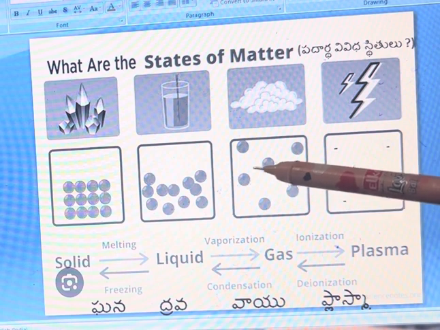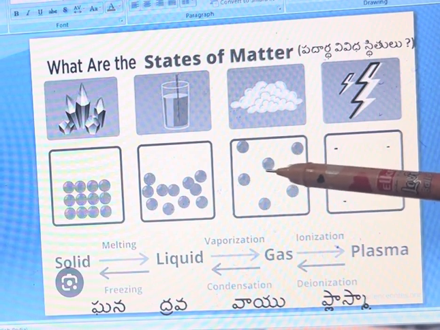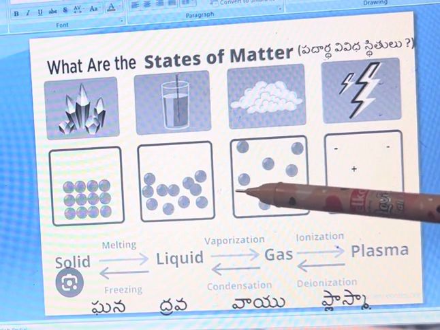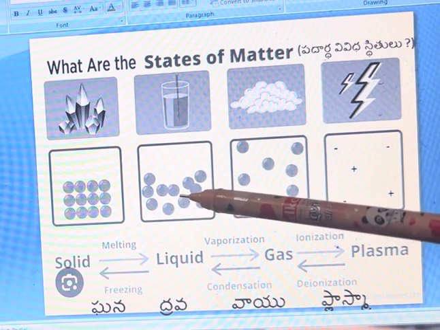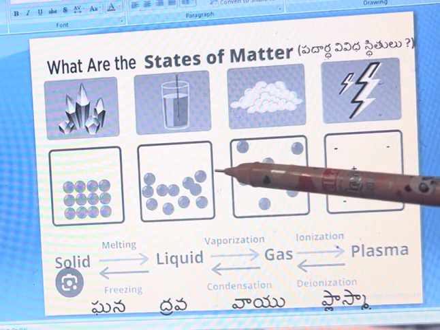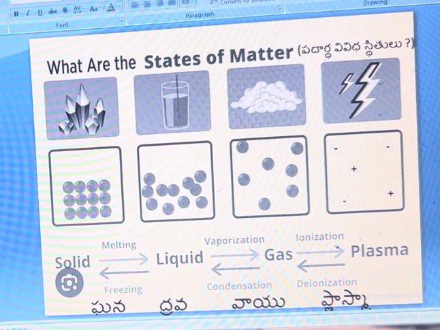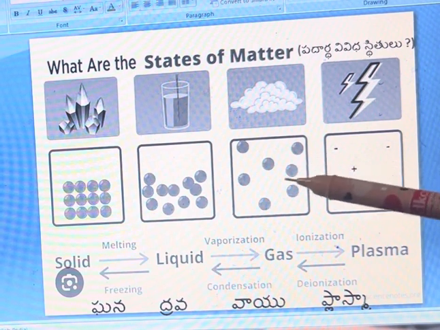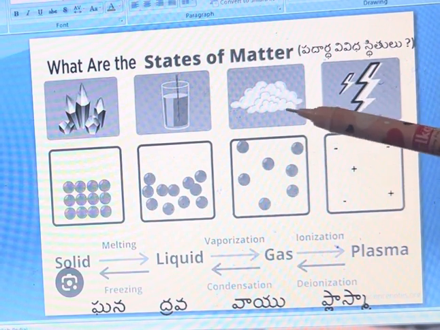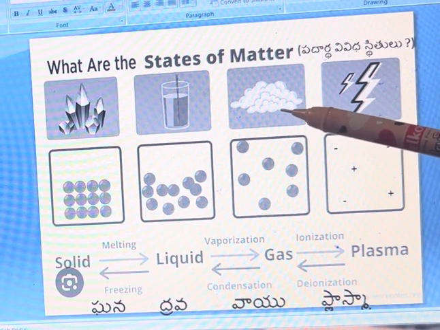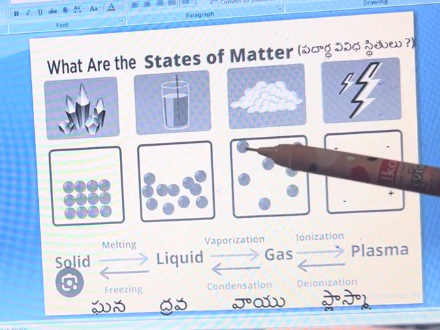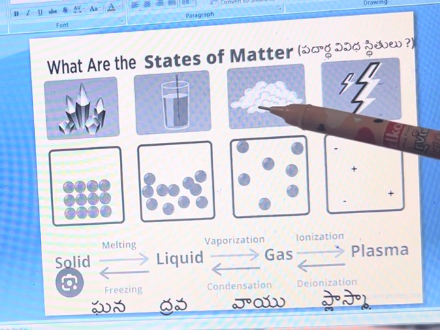In gaseous state, the distance between the molecules or atoms or ions is more than in the liquid and solid states. A good example is a cloud or normal gases at room temperature: hydrogen, nitrogen, oxygen.